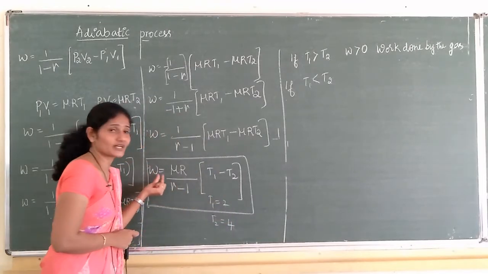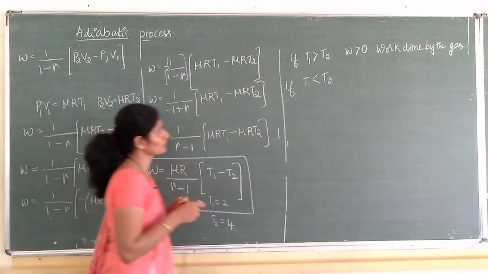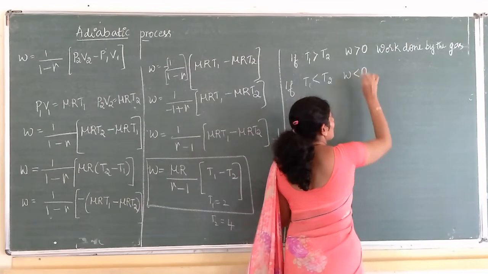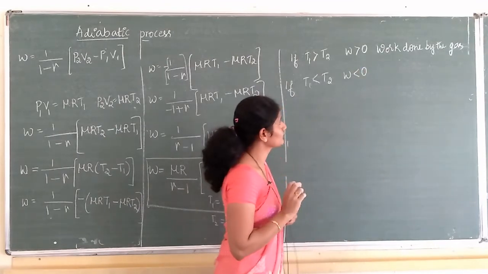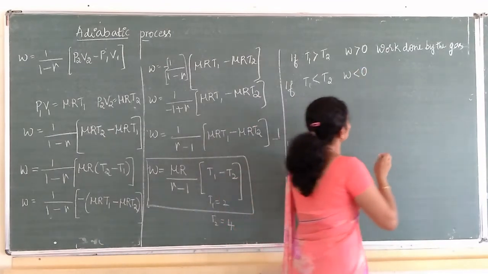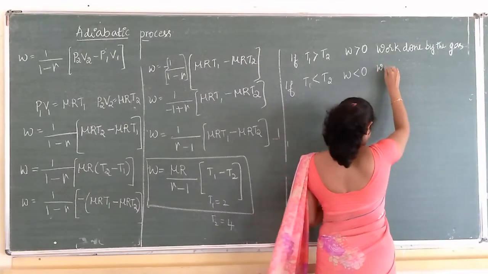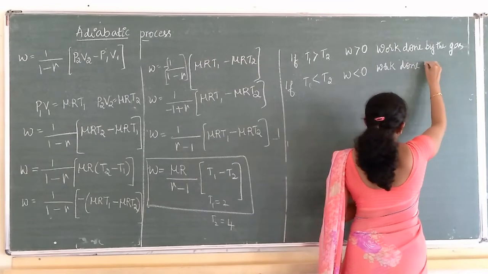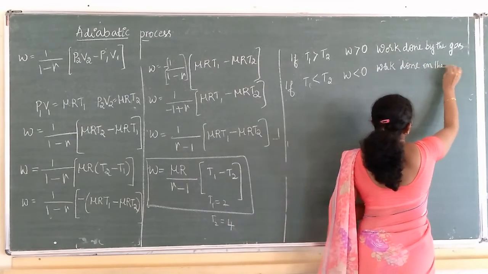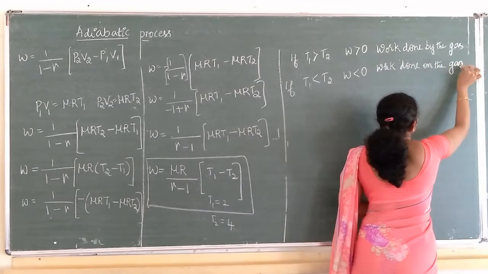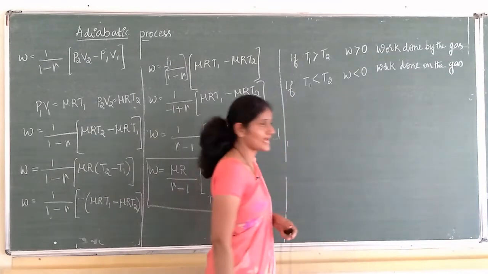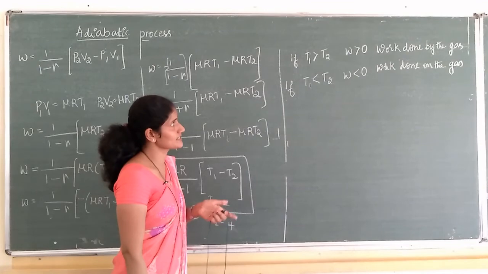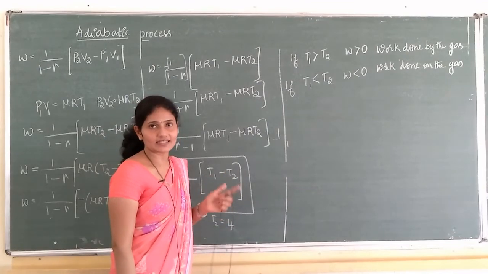That means work done W is less than 0, or W is negative. That means work is done on the gas. Work is done on the gas if T1 is less than T2, and work is done by the gas if T1 is greater than T2.